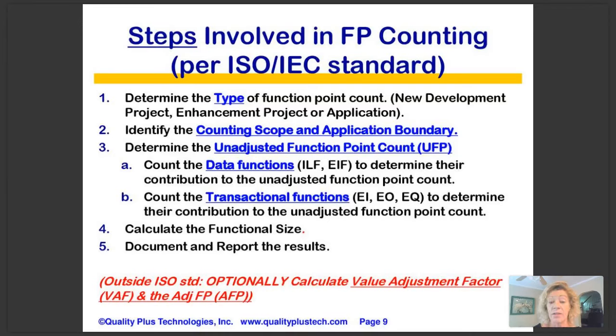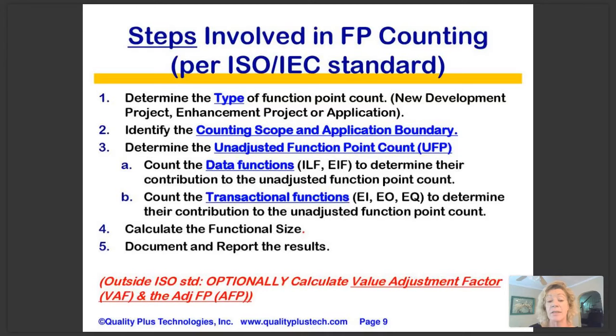Once we've done that, we've counted all of our internal data that we maintain, and all of the external data that we reference. We then take a look at the manipulation of that data. We take a look at EIs, which come across our boundary and are either going to update an ILF or control the behavior of the system, trigger something to happen. We've also counted things that are going to be leaving our system, outputs and queries. And these are all what we call elementary processes.